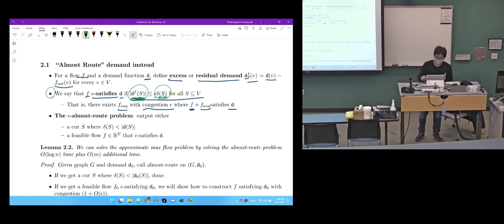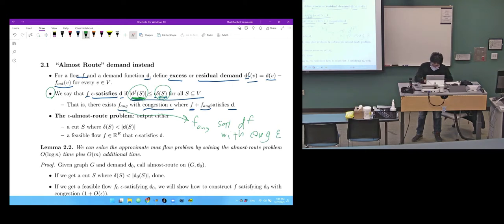And this just means that there exists an f arc that satisfies df, the residual demand, with congestion epsilon.